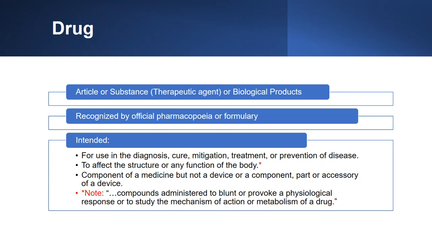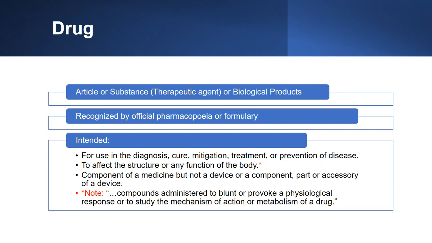So what is the definition of a drug given by FDA? It is a test article or substance which is a therapeutic agent or biological product, recognized by the US Pharmacopoeia or formulary. What is the purpose or intent of the drug? It is used in the diagnosis, cure, mitigation, treatment, or prevention of disease, and also to affect the structure or any function of the body.